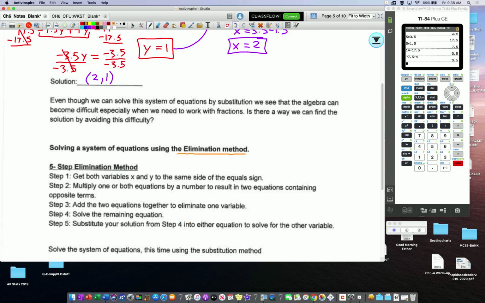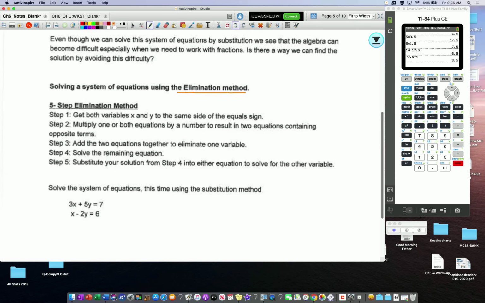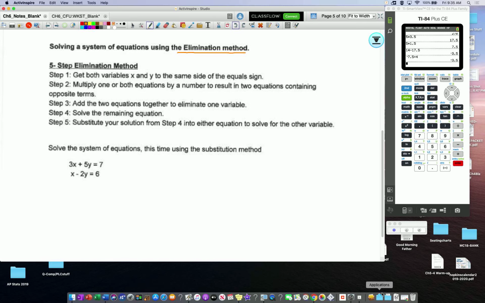So, how can we solve using the elimination method? Well, in order for the elimination method to work, and it can be challenging at times, you want to get both variables, x and y, on the same side of the equal sign.